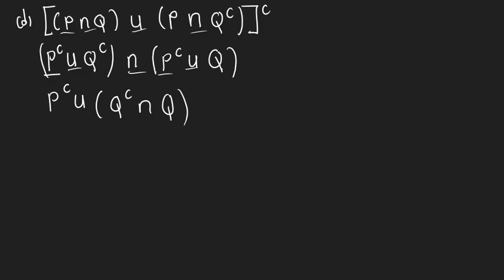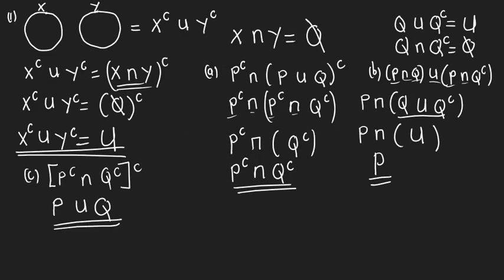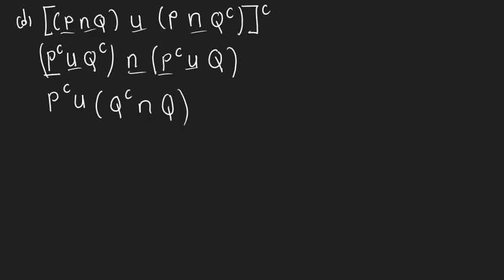Notice what I taught here. This is the same as the empty set. So P complement union, this is simply the empty set. So P complement union the empty set is going to be P complement.